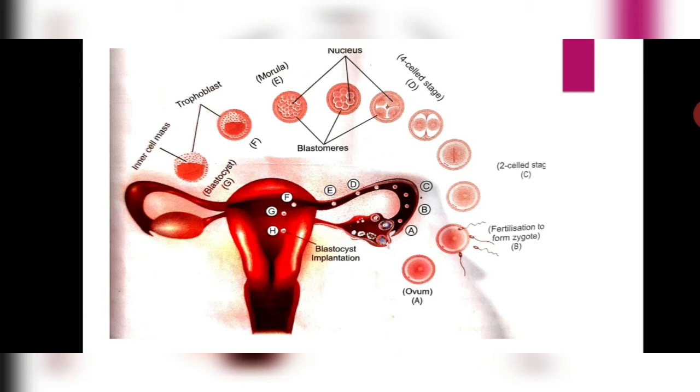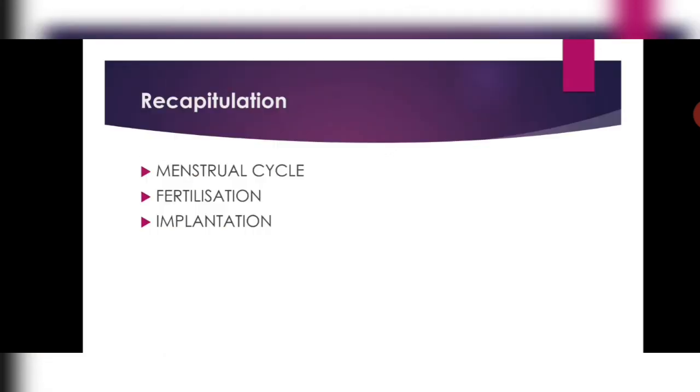Then there is a cavity that is formed called blastocoel, which is formed inside the morula, which makes it convert into blastocyst, which has an outer membrane called the trophoblast and an inner cell mass. So hence this blastocyst gets embedded in the uterine wall, that is endometrium, and further leads to the formation of placenta.